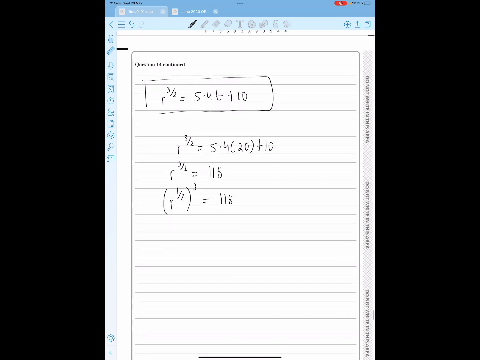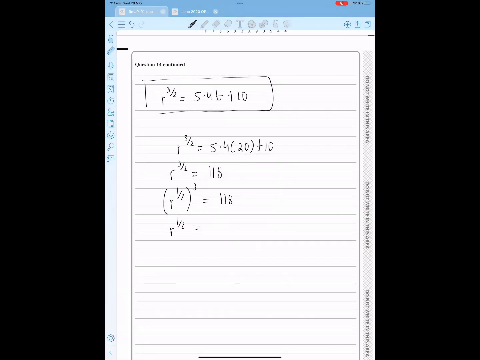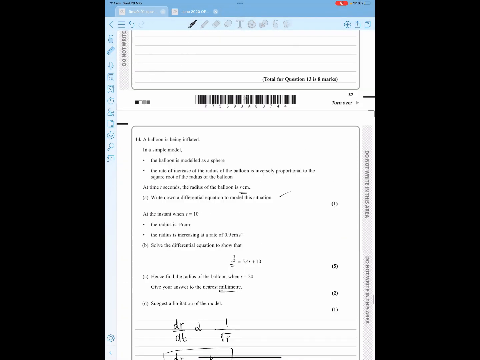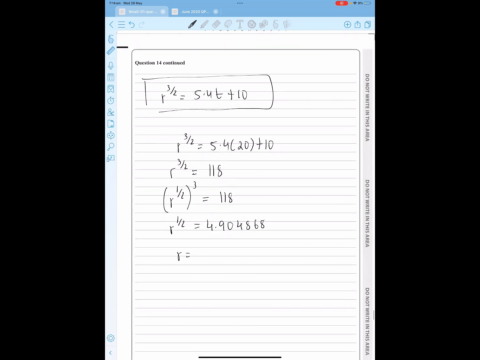So we can cube root that. So r to the power half can be rewritten as the cube root of 118, which is just going to be, what does it say to give it an exact form? To the nearest millimeter. So 4.904868, and then we can just square that to give us the value of r.